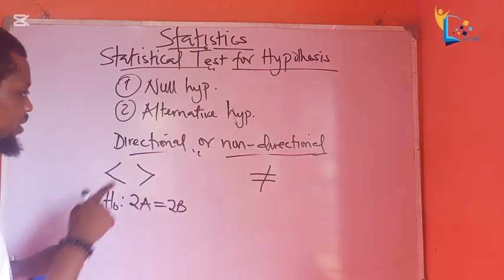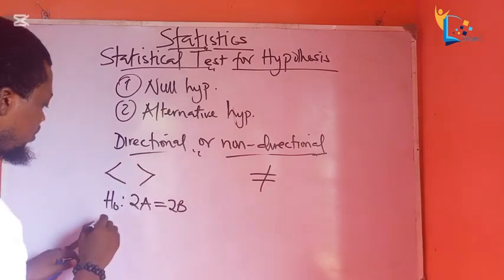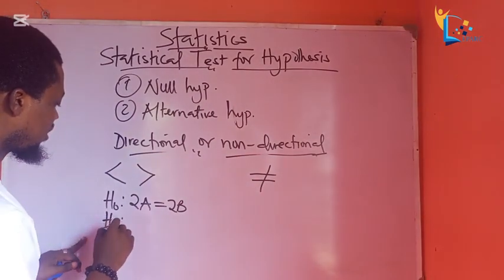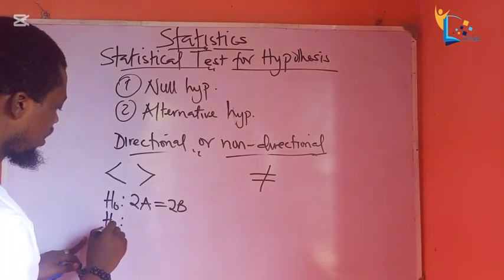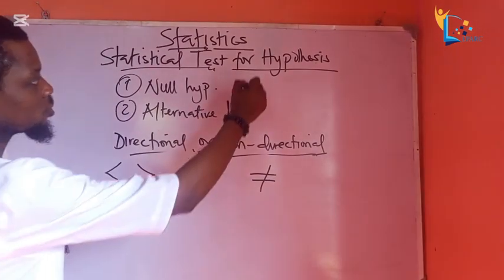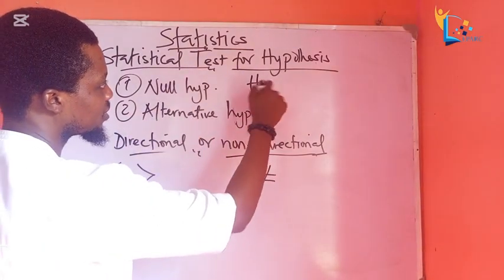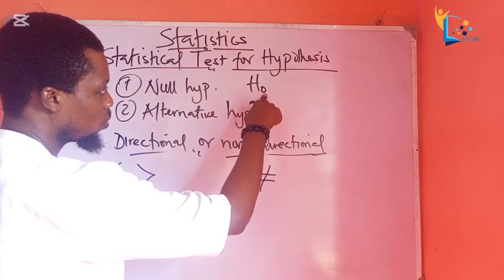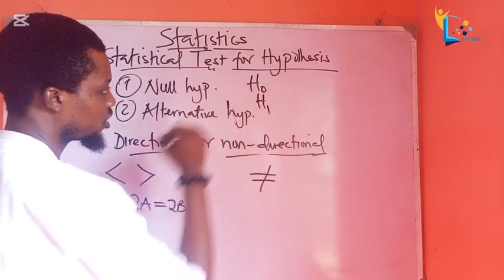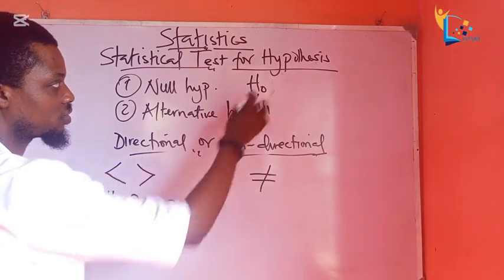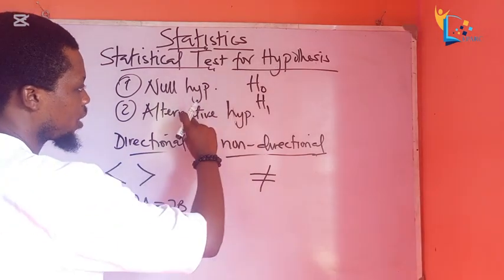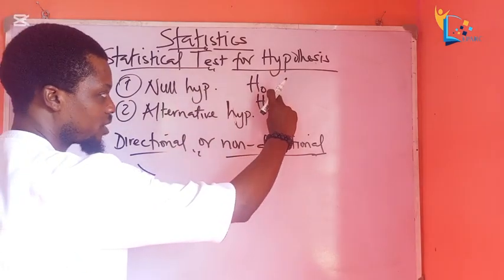Now, before I continue, the null hypothesis is usually denoted by H0, while the alternative hypothesis is denoted by H1.